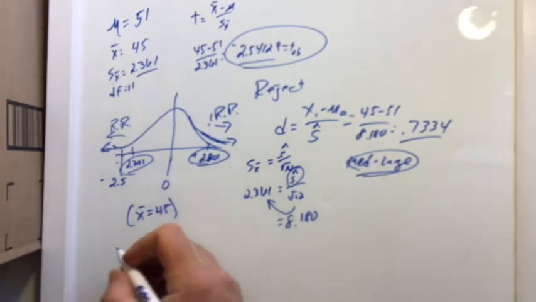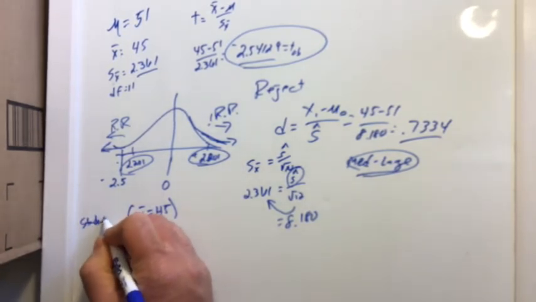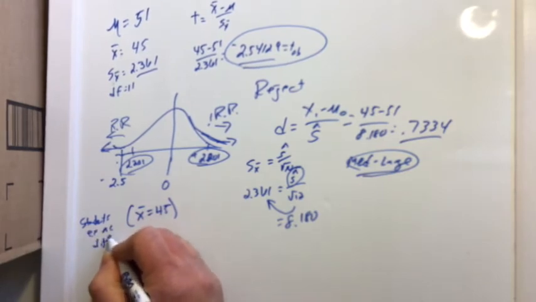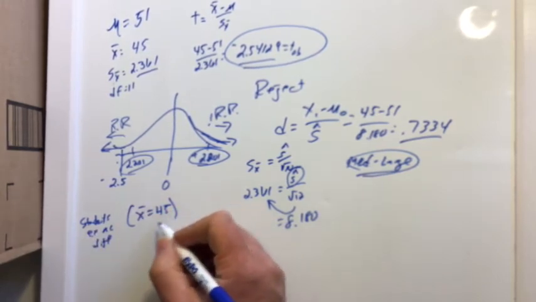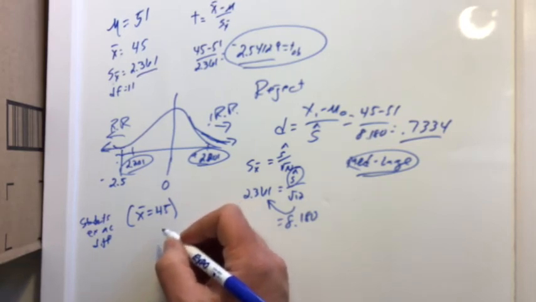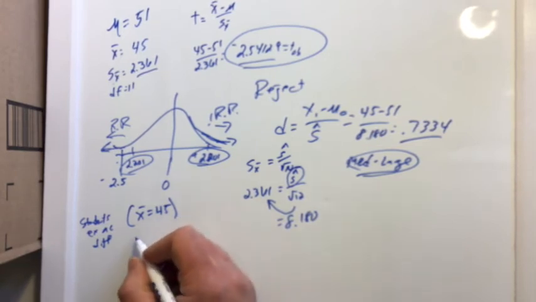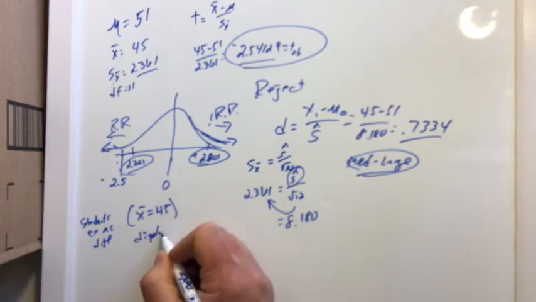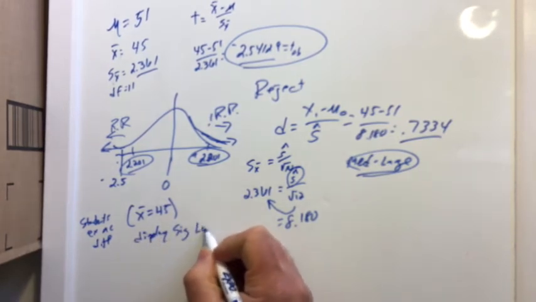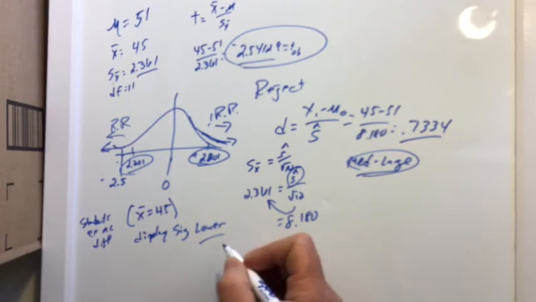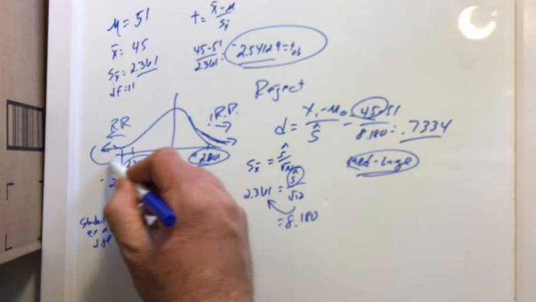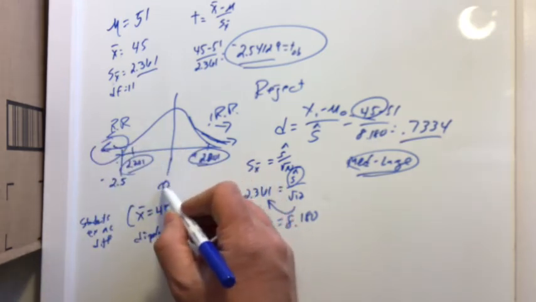You want to write that in there. So students experiencing academic difficulty, parentheses, X bar, display significantly lower. I want you to tell me which the direction is. So again, 45 is significantly lower than what our average was here.